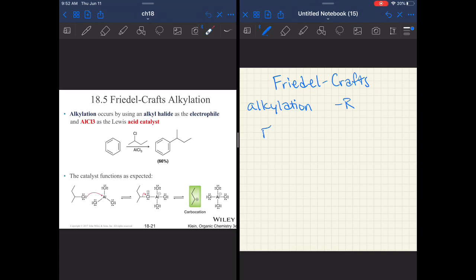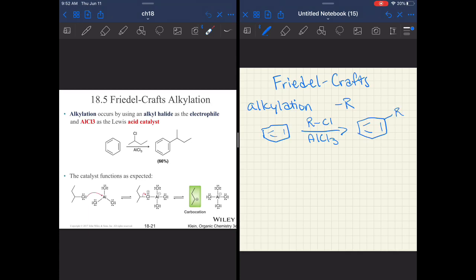We're taking our aromatic ring, and the reagents that are necessary are the alkyl chloride and then aluminum trichloride. Our Lewis acid catalyst has returned. And that is going to allow us to replace a hydrogen with an alkane.